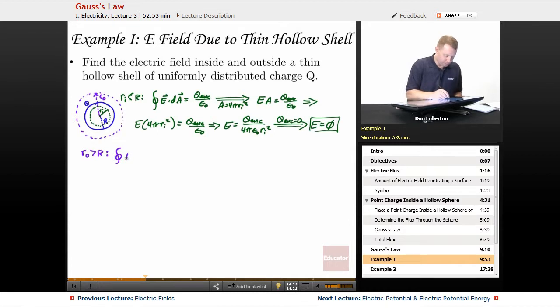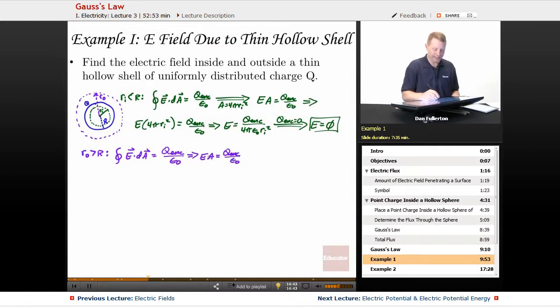The integral over the closed surface of E dot dA equals the charge enclosed divided by epsilon naught. Same thing again, and same derivation as well. E is constant everywhere because we chose our Gaussian surface very carefully. The integral over the closed surface of dA is just going to be A. So then EA equals Q enclosed over epsilon naught, where again this area is the area of your Gaussian sphere.